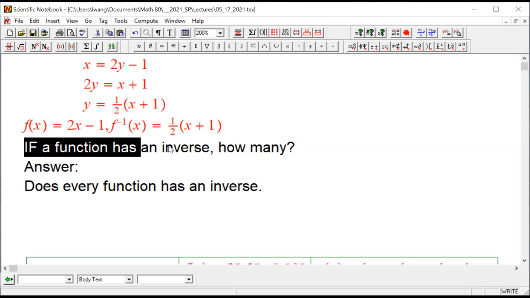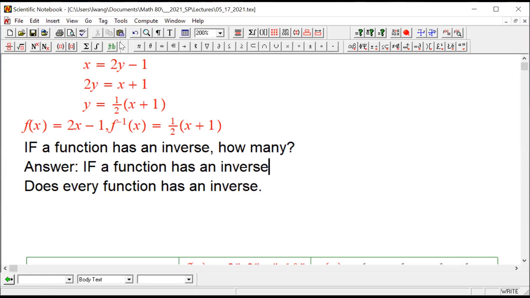If a function has an inverse, it is unique. If you find one, that is the one, and there are no others. So this is the answer to the first question.